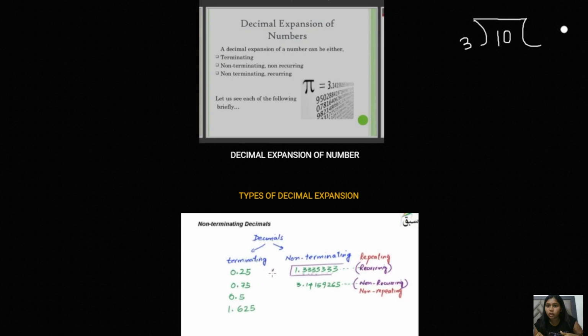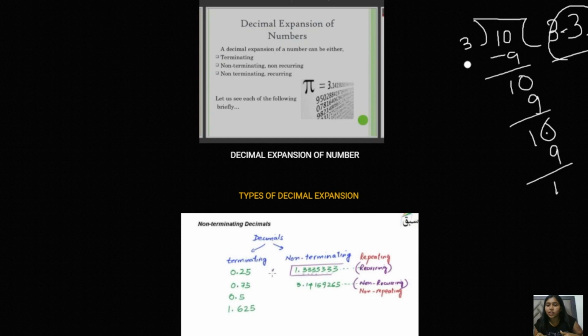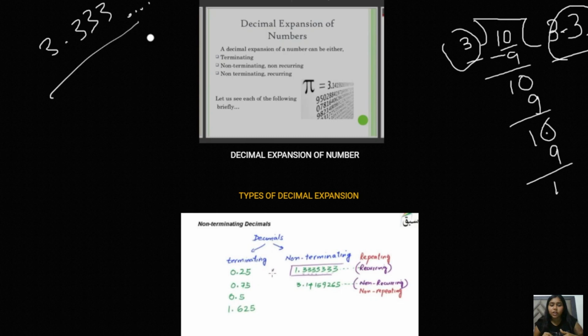When we divide 10 by 3, we get a certain decimal expansion. This is the decimal expansion we get after dividing some dividend by a particular divisor to get a quotient. Here 3.333 is the decimal expansion for 10 by 3.